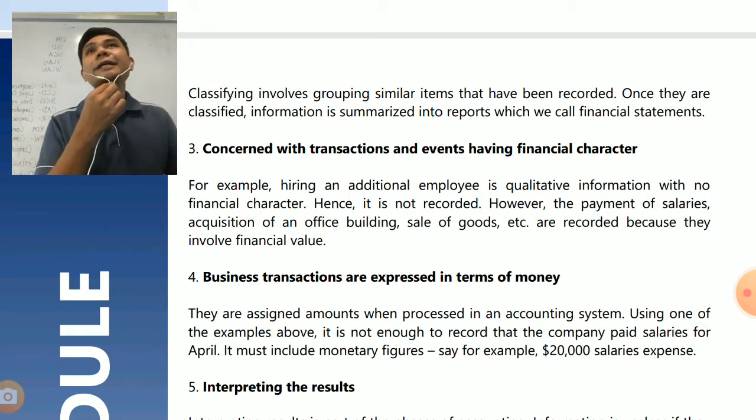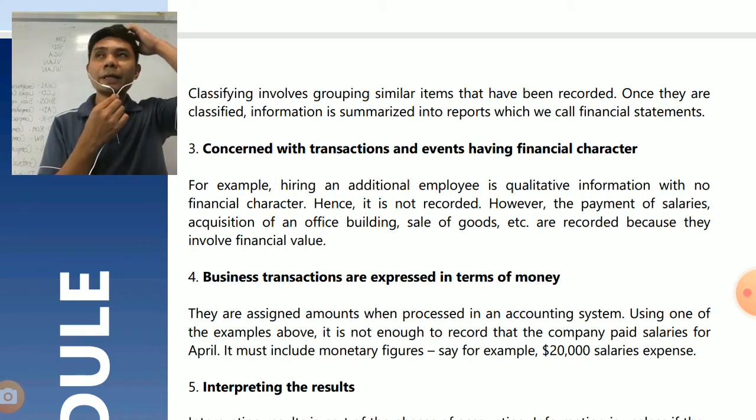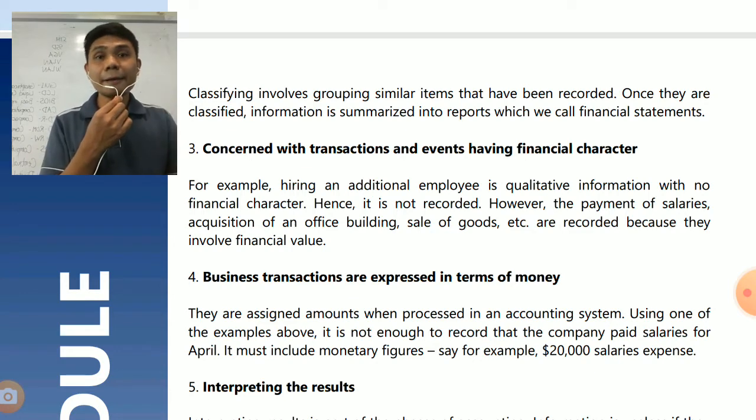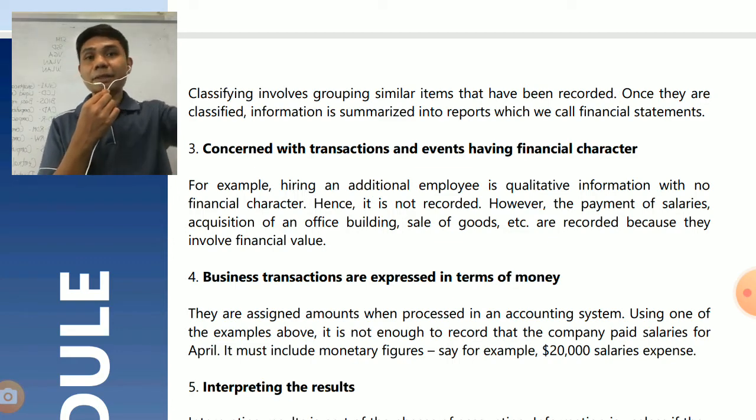Pero kung mingon pa si Pablo nga mipalit og bag-ong car para pang-deliver, para gamiton as a delivery car sa iyang business, then that's already a business transaction. Kay maapektuhan na ang finances. Asa man ka magkuha og bayad pagpalit nimo sa delivery truck or car? Di ba sa business nimo kuhaon?